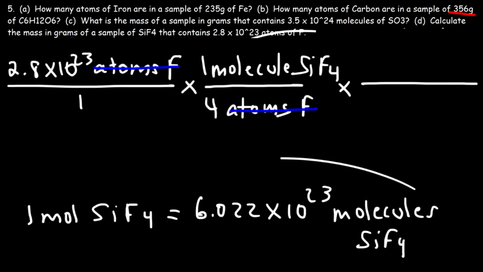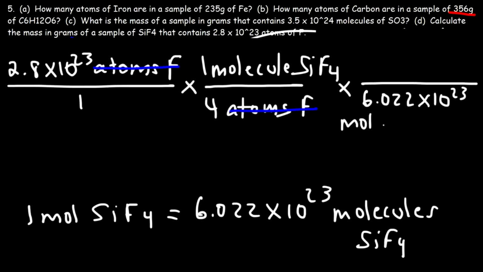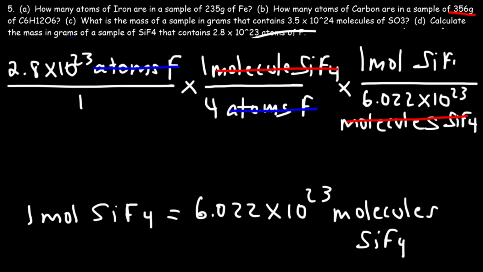So I need to put this part on the bottom. And so I could cancel these units. And on top of the third fraction, I'm going to write 1 mole of silicon tetrafluoride.